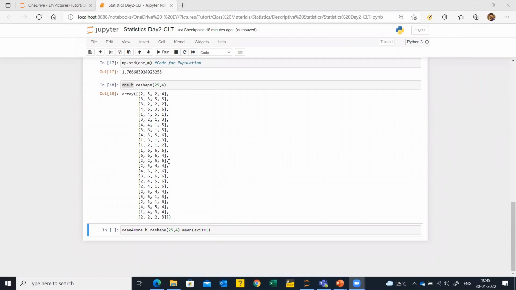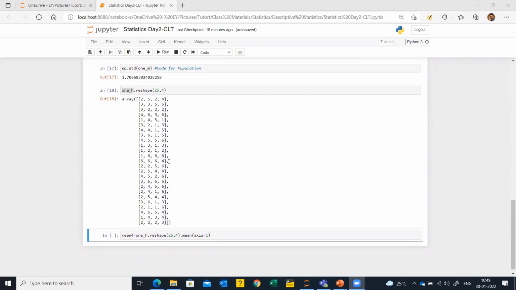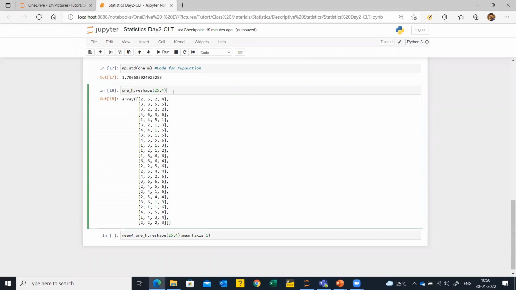Now, I will tell you frankly that whenever you go into the industry, you will not be using Python for your statistical analysis, because there are a lot of tools available, for example SPSS from IBM. Writing a lot of code in Python won't serve our purpose, because we'd be writing 10,000 lines of code every day, so it is better to use software.